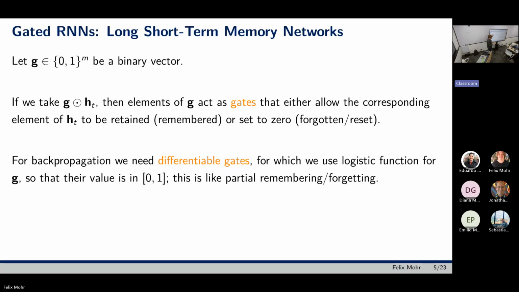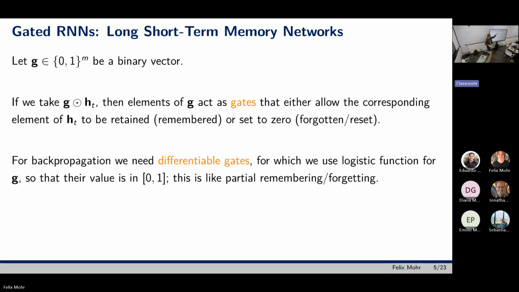So the model should later learn which part of the hidden state to remember and which to forget. But if we should learn something, we need something differentiable, because otherwise we don't have backpropagation. Now, if we have 0, 1 values, this doesn't look very differentiable. How do we get the value 0, 1? It's like a step function, a switch.